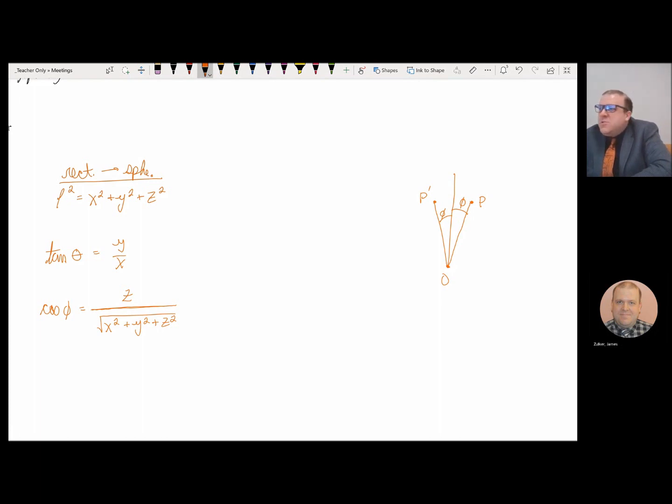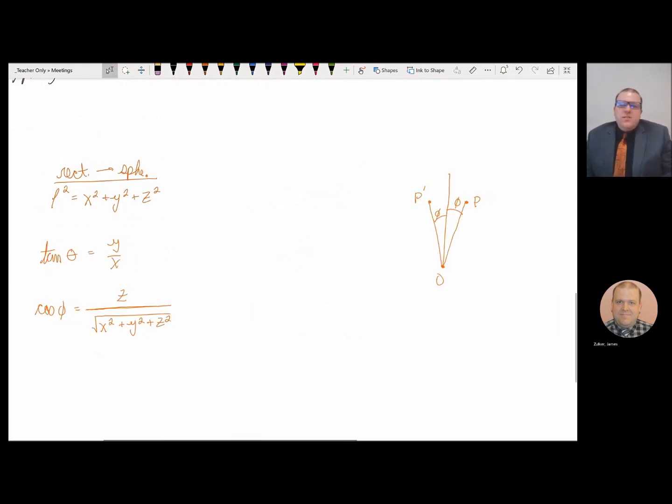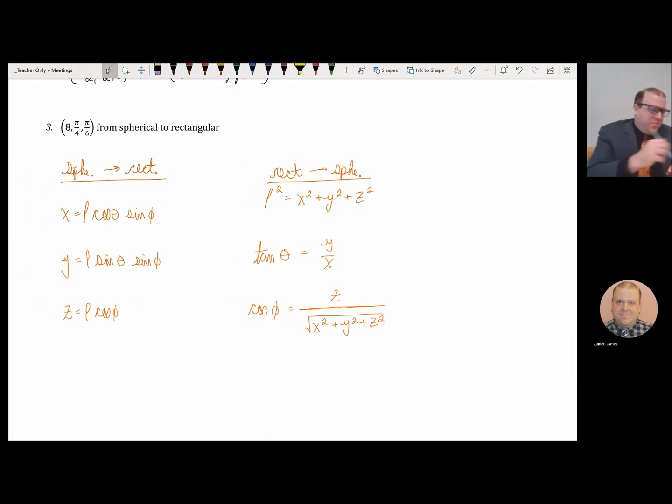So phi is always between 0 and pi, and in this case you can always just take the inverse cosine safely. If z is negative, it lies below the xy plane. Well, on the xy plane, that angle of declination is pi over 2, isn't it? It's a 90-degree decline. So if it's below, obviously you're going to have an angle larger than pi over 2. Which is nice, which means the only thinking we have to do is with the inverse tangent.